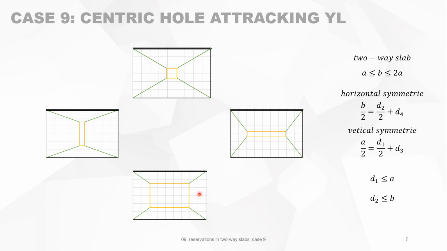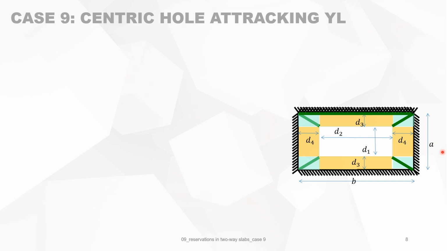So in fact, we should always keep a certain distance from the support when you have a centric hole attracting yield lines. But first we'll try to calculate the maximum bending moment in case 9.